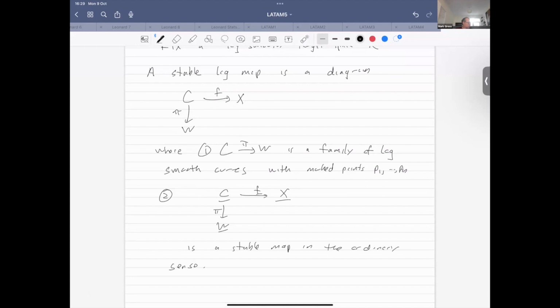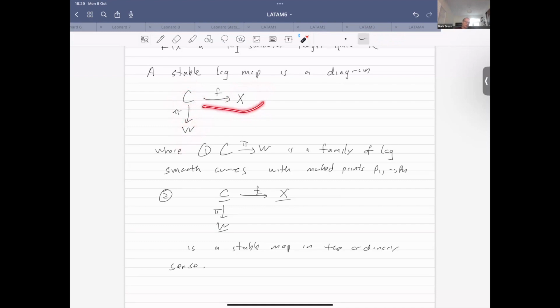So this is not too much more complicated a definition than the original definition of a stable map, and now we've decorated everything. We've decorated the target space, we've decorated the curves, we've decorated the base of the family of curves, all with log structures.